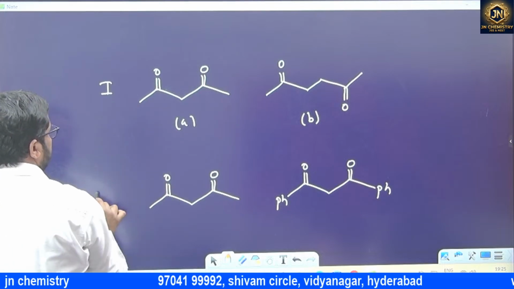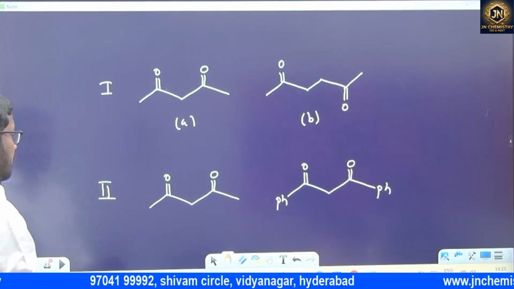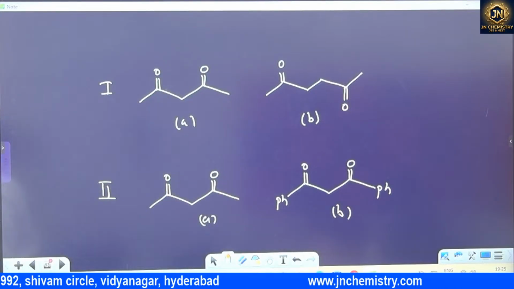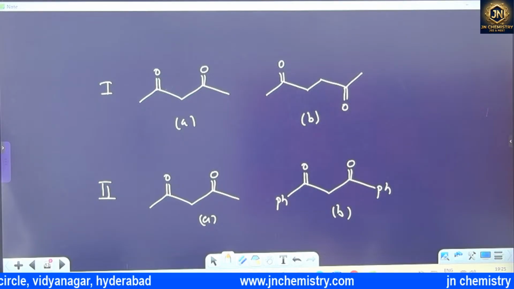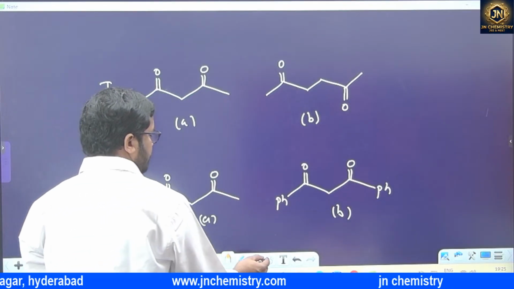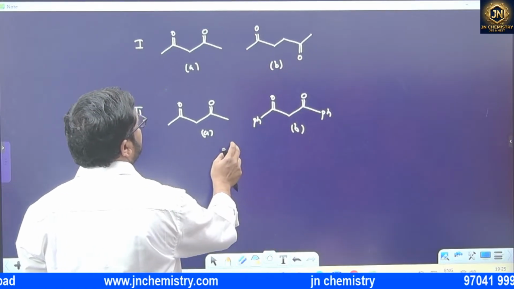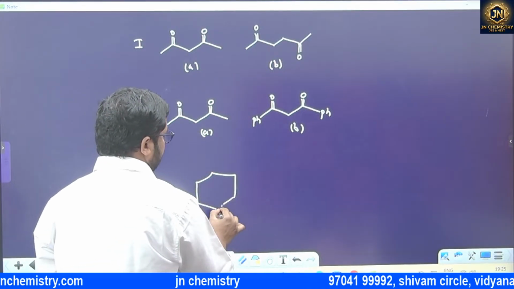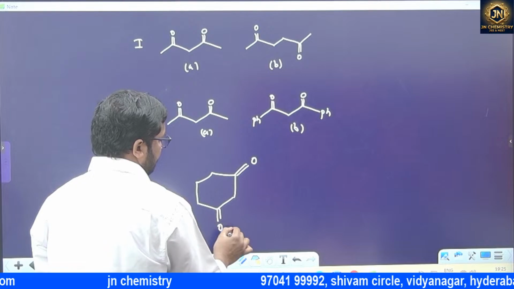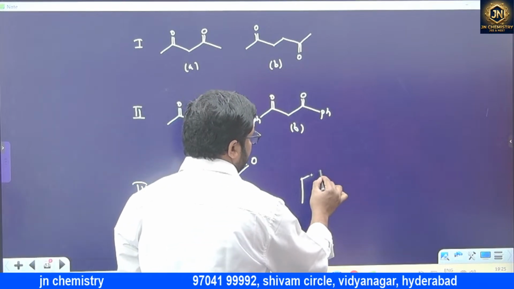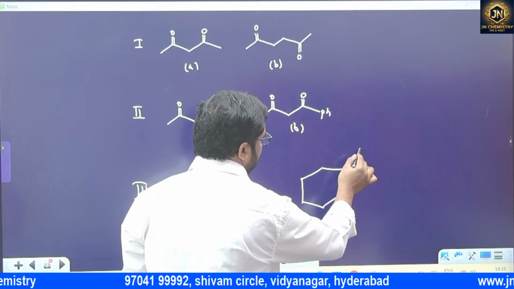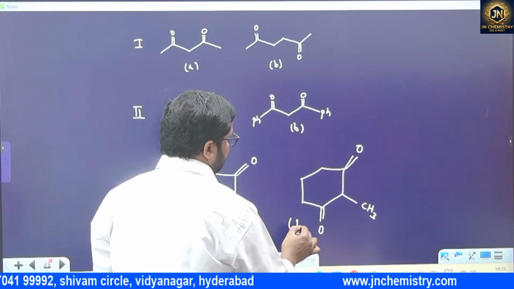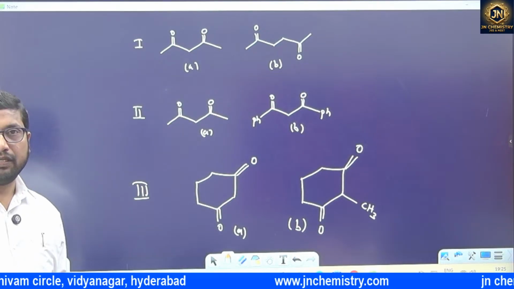Question number 1. Question number. Come on, do it. A and B. Yeah, 3 questions. Come on, do it.